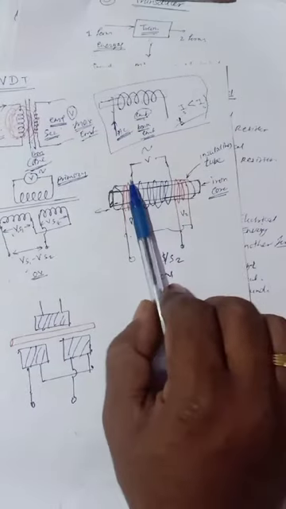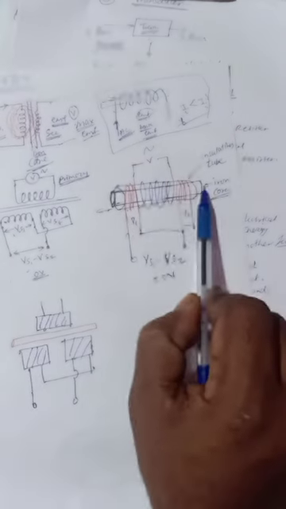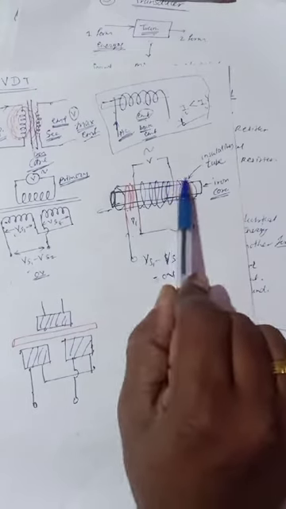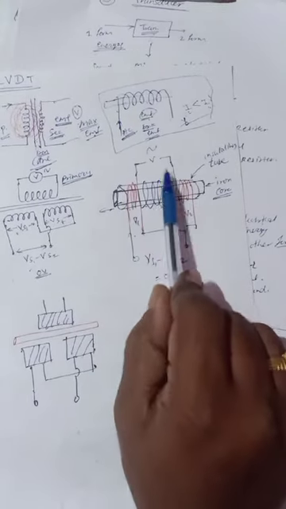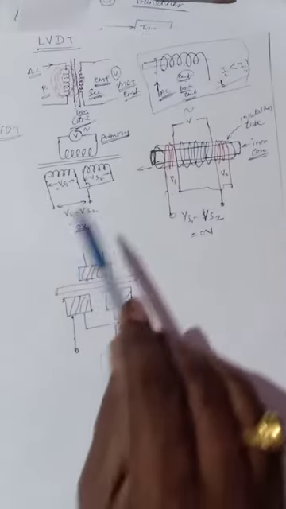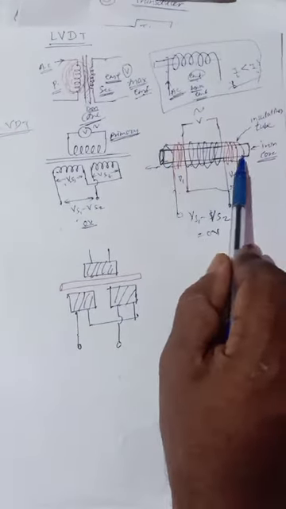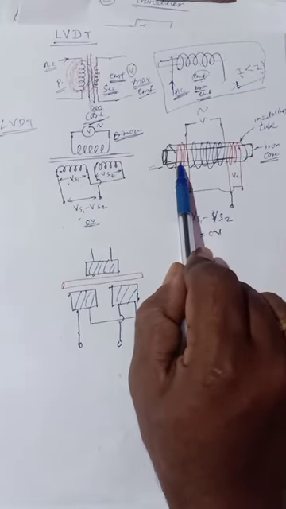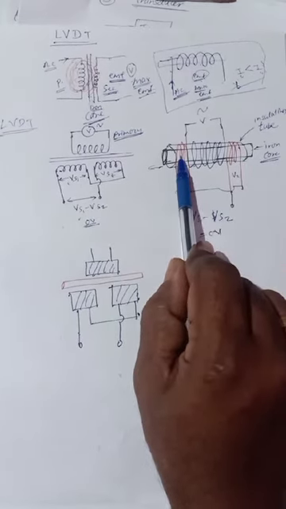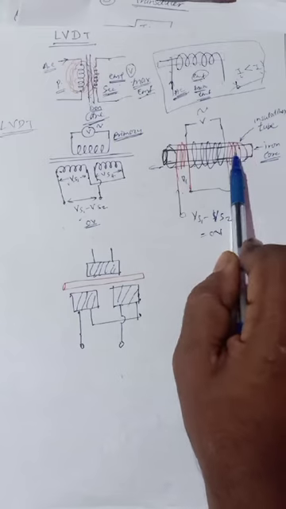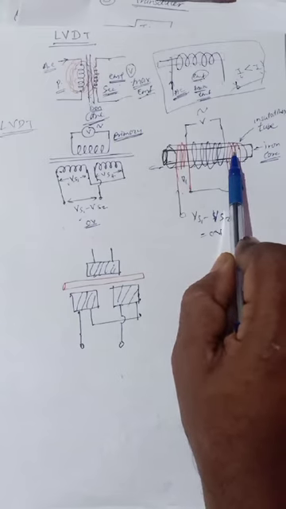How does it work? Working is very simple. Initially this rod is inserted fully in the insulating tube over which these three coils are wound. So initially, when the rod is fully inserted, each secondary coil has the iron core inside it.